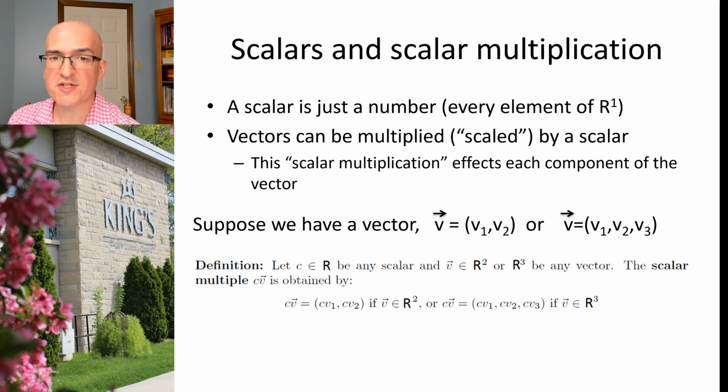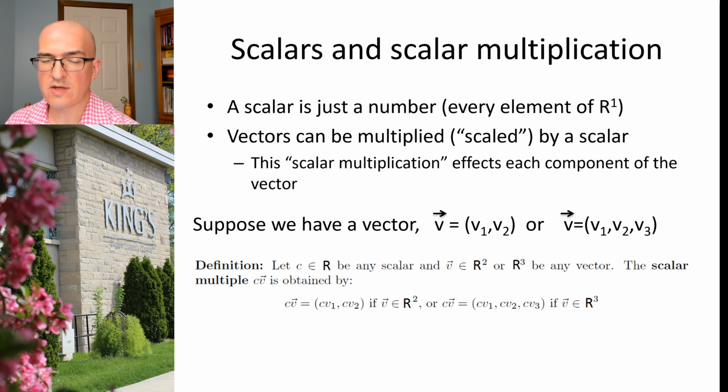So the definition of scalar multiplication is as follows. We have this letter c, which represents any number on the real number line. So c element R, that weird E-looking thing means element. So let c be an element of the real number system, and let v be any vector in R2 or R3.